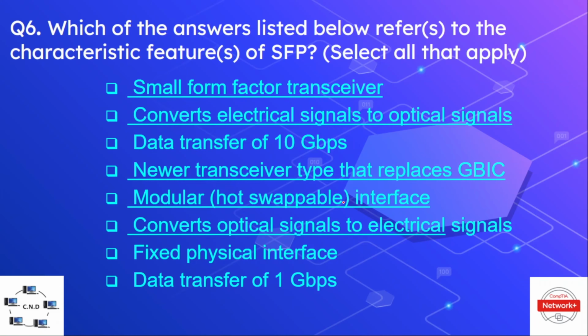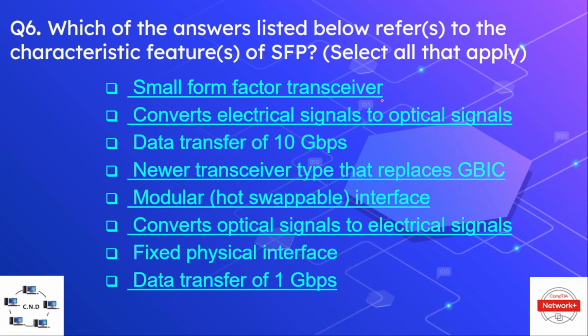And the next correct option is that it converts optical signal to electrical. So it converts two ways, from electrical to optical and again from optical to electrical. And the next correct option is that it has a data rate of up to 1 Gbps or gigabit per second.